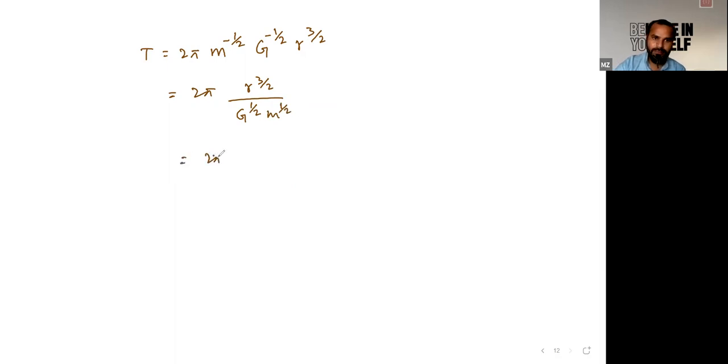We can simply write it as r to the power 3 and whole to the power plus half. Similarly, g and m both contain power half. Now take power half to be common from each part.